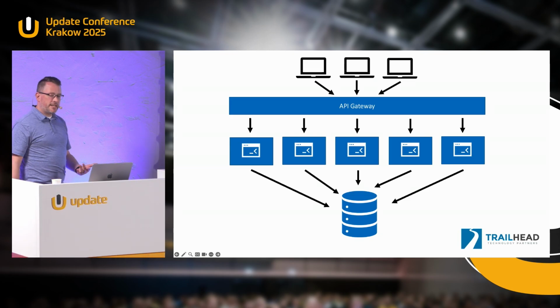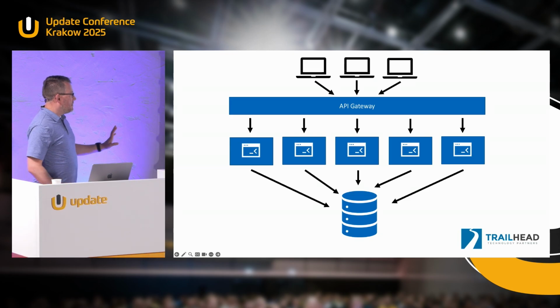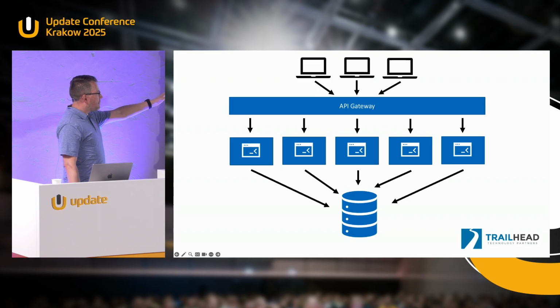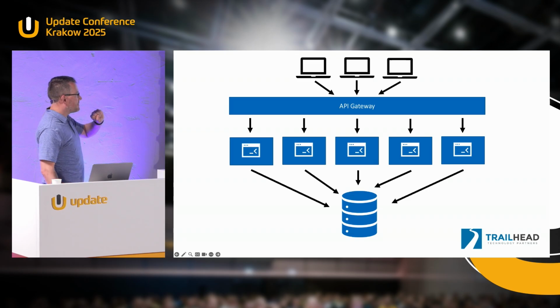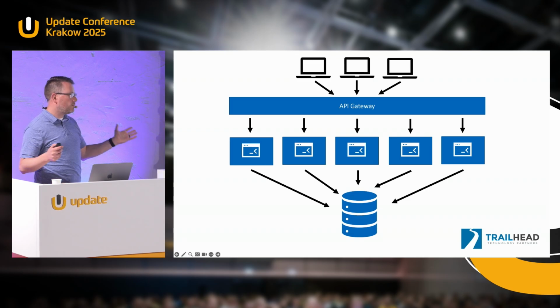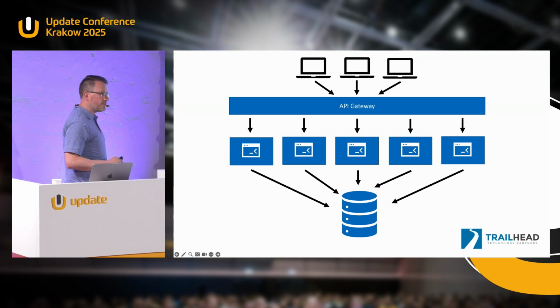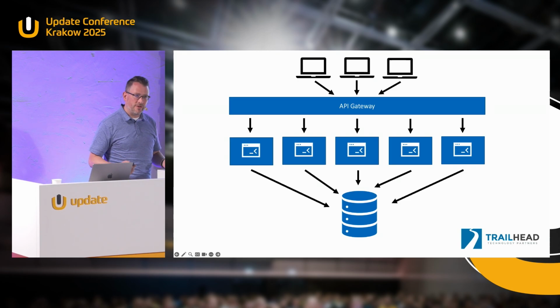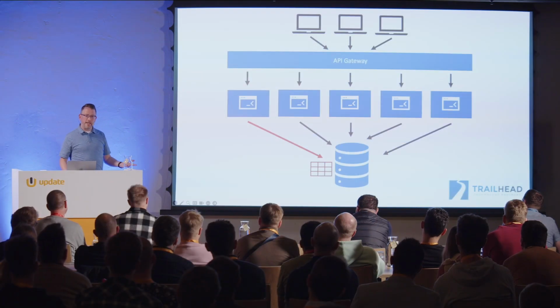So let's imagine a scenario where each of these microservice applications shares the database, and let's say the team is smart enough to know that they should at least divvy up the tables and say who owns each table, who's allowed to change each table. So this team that works on this service right here decides they need to make a schema change to one of the tables.